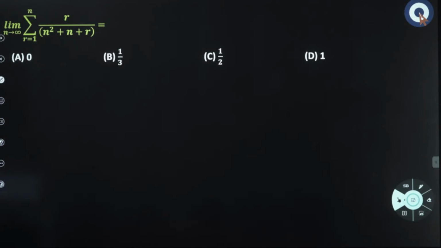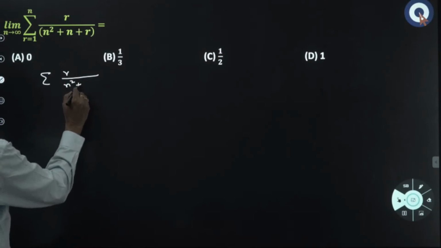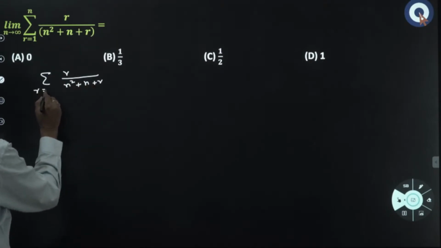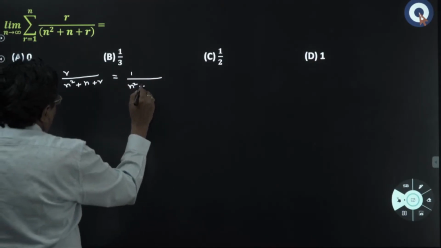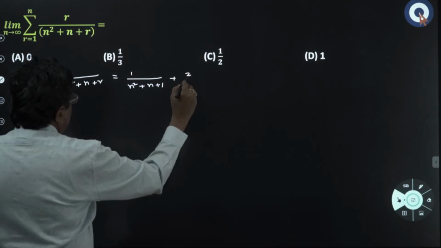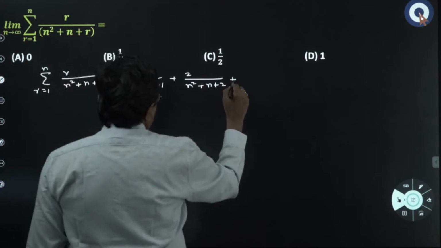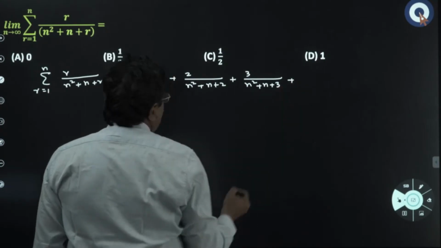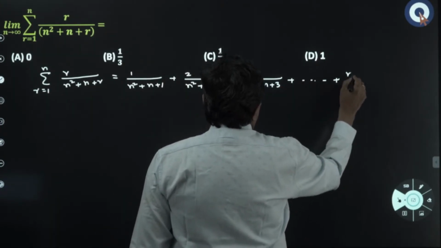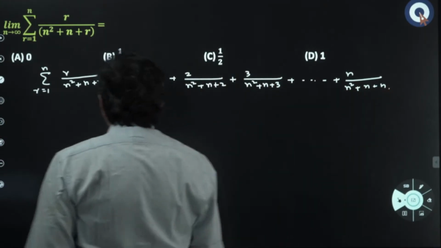Initially, we will just consider whatever is given, and that is sigma r by (n square plus n plus r), r ranging from 1 to n, which is 1 by (n square plus n plus 1) plus 2 by (n square plus n plus 2) plus 3 by (n square plus n plus 3) and so on, plus n by (n square plus n plus n). Now let us call this f_n.